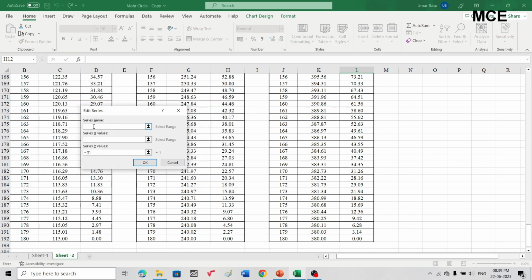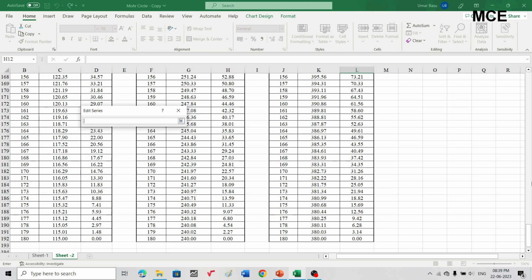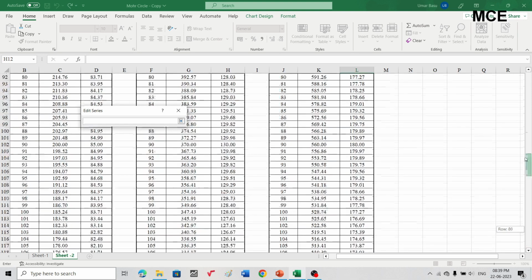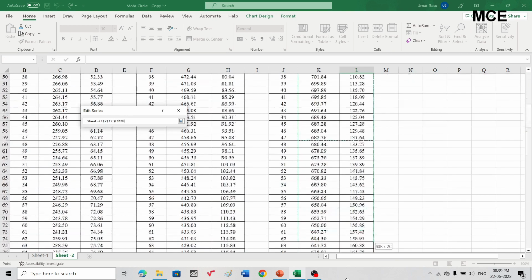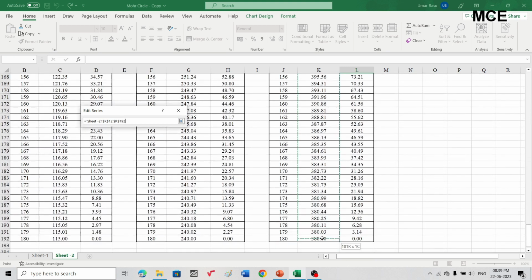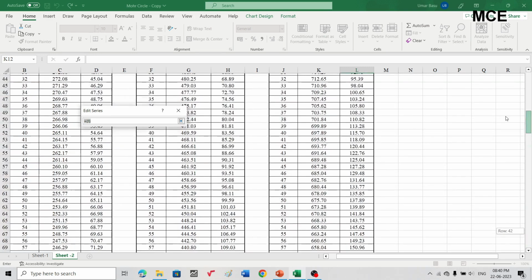Similarly, you can add the data for the test 3. To draw the Mohr circle for test 3, click add, and then for series name write test 3. Select the x coordinate values for the test 3. Then select the y coordinate values for test 3.